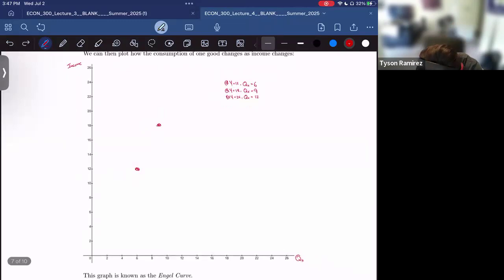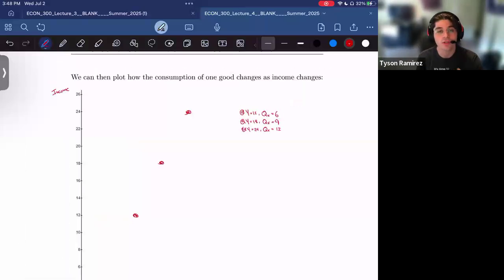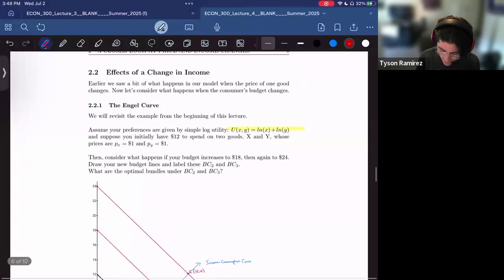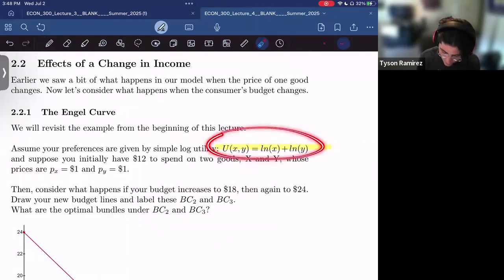And again, you guys, the way I got these quantities was by solving the consumer's problem, the consumer maximization problem, the utility maximization problem. I just didn't do it here in front of you because I want to show you other things. But you can get to these exact answers and these exact bundles if you solve the utility maximization problem with this utility, these prices, and then the different levels of income.